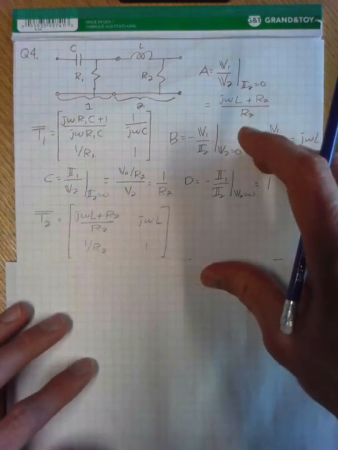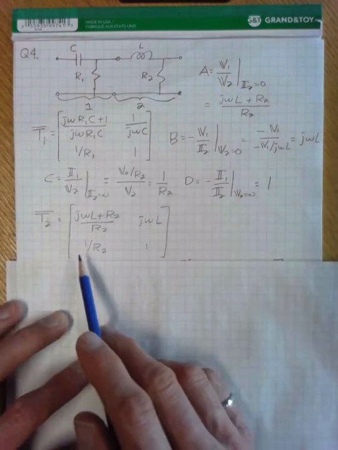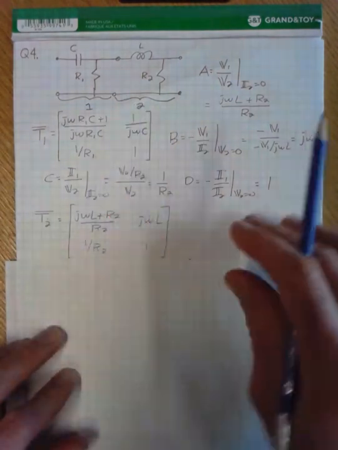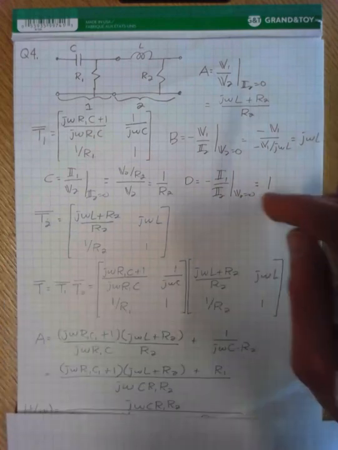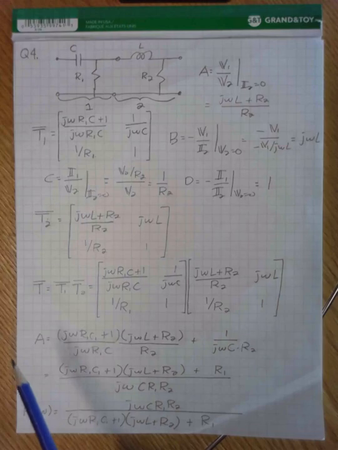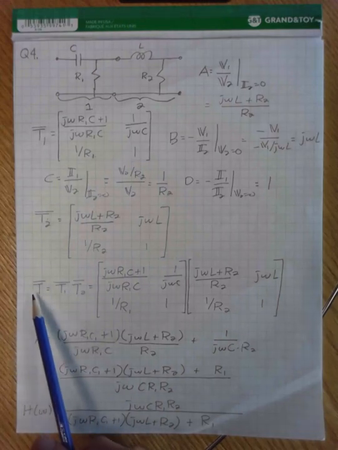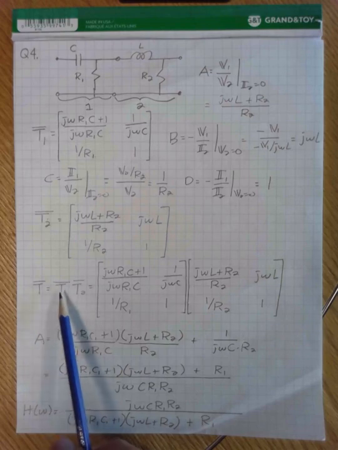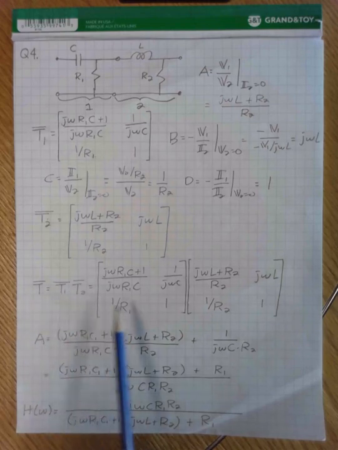And so the transfer function equation for system 2 is just given by this, and then the overall ABCD matrix for the cascaded system is just the product of T1 and T2.